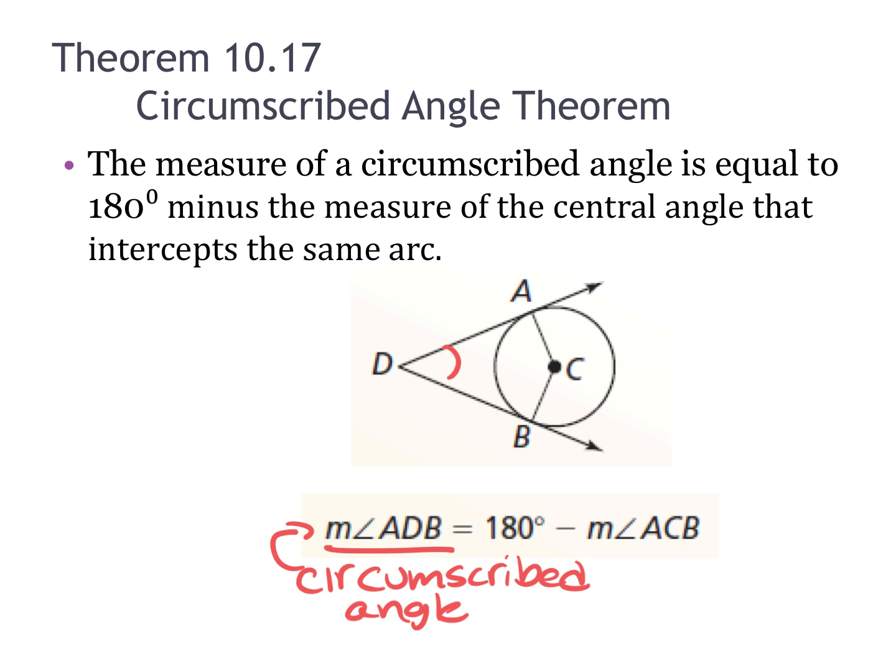The central angle that they're referring to is this angle here, ACB, because the arc that they both intercept is arc AB. So you'll be given a measure of either the circumscribed angle or the central angle, and then you're going to be asked to find different pieces or different arc measures.